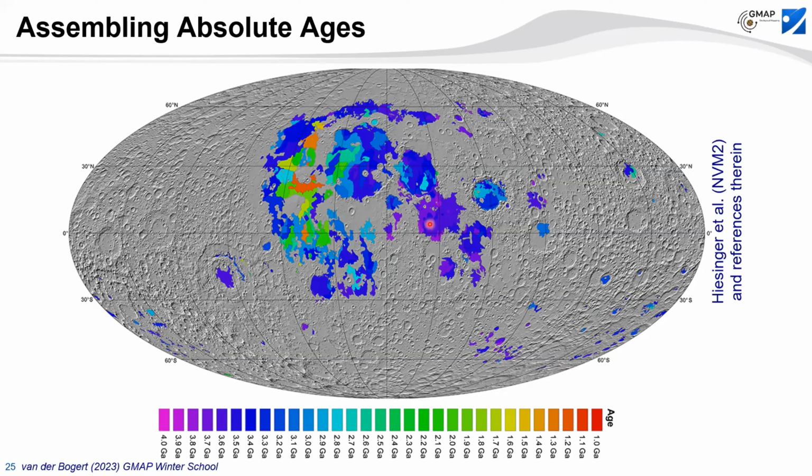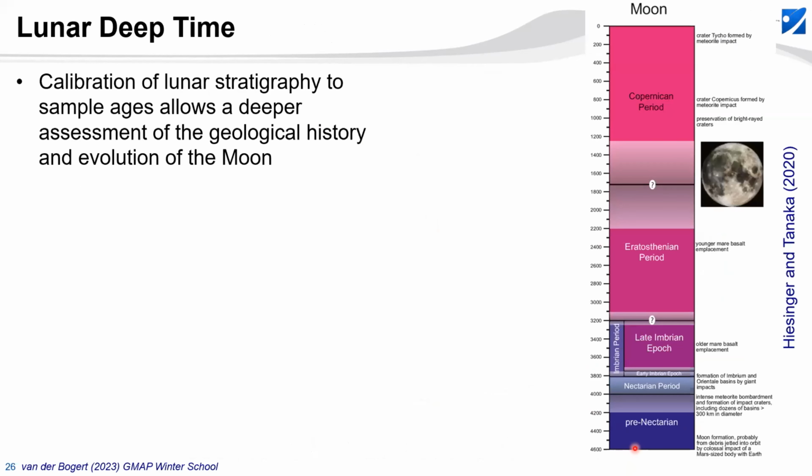So, bigger picture, we can start to use that process to set up this lunar stratigraphy, sticking in when Mare volcanism happened and in what parts of the moon.